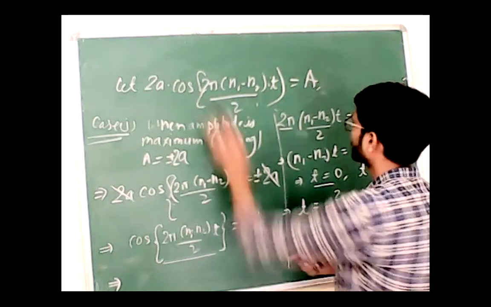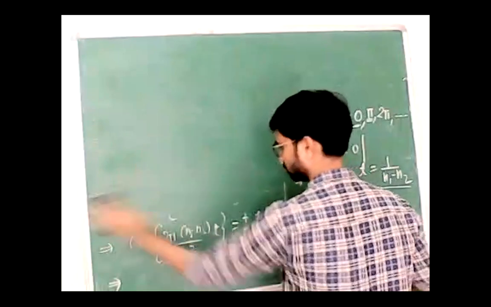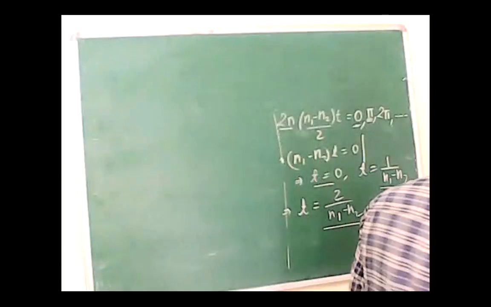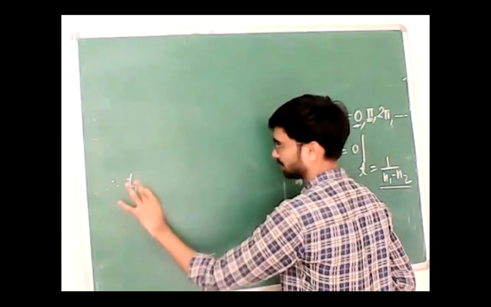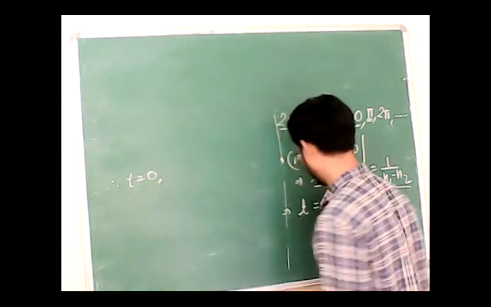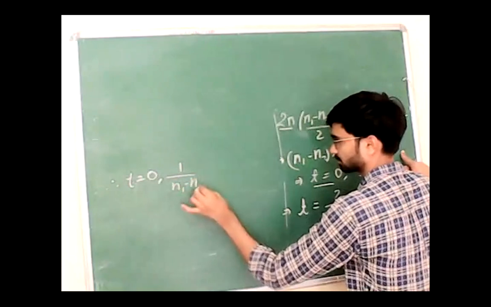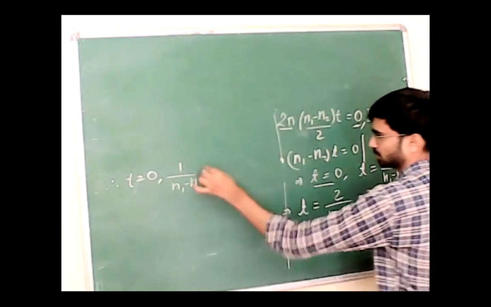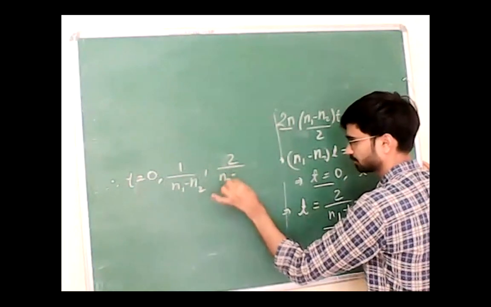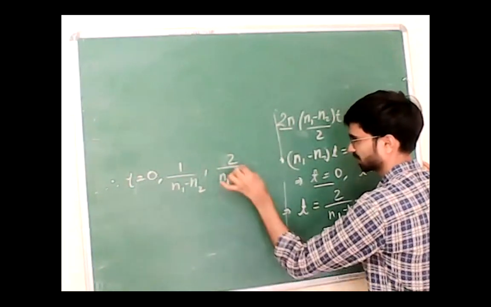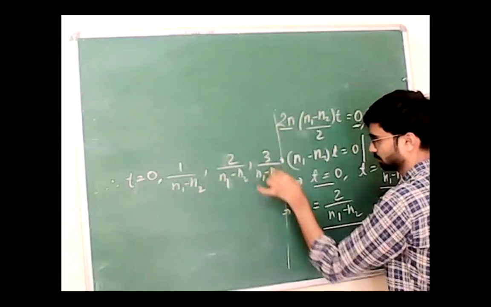So we can write in general, therefore the values of t: the first value of t is 0, then the next value is 1 upon n1 minus n2, then 2 upon n1 minus n2, then next 3 upon n1 minus n2 and so on.